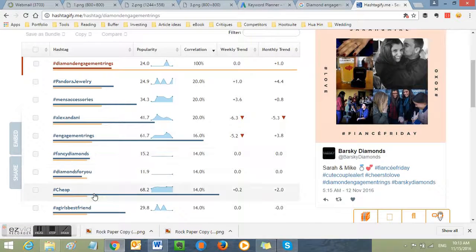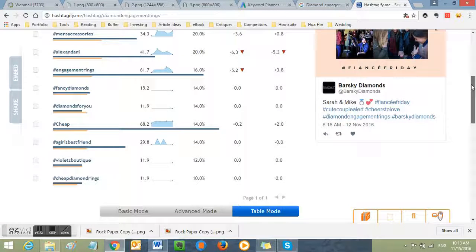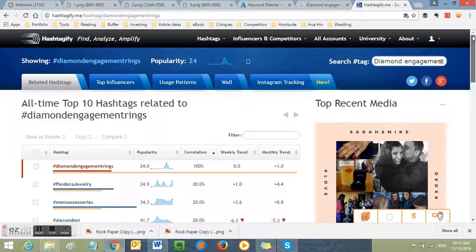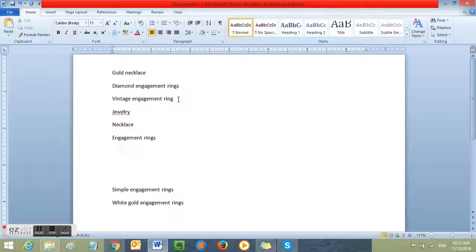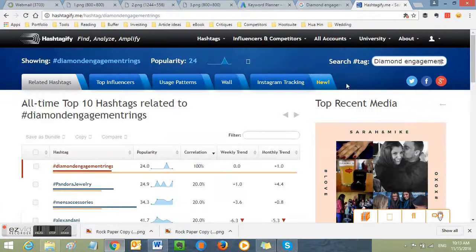Cheap. It's not for our current strategy, but definitely would be useful for a different strategy. Another one, vintage engagement ring, and I've got high hopes about this one.